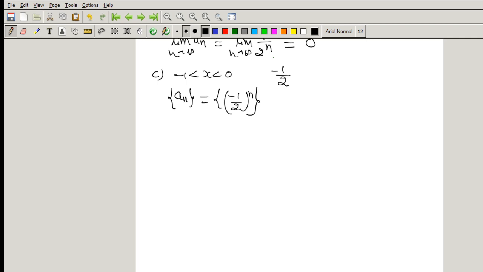I'm writing the terms of the sequence: 1 by 2, 1 by 4, minus 1 by 8, 1 by 16, minus 1 by 32, and so on. See the sequence.